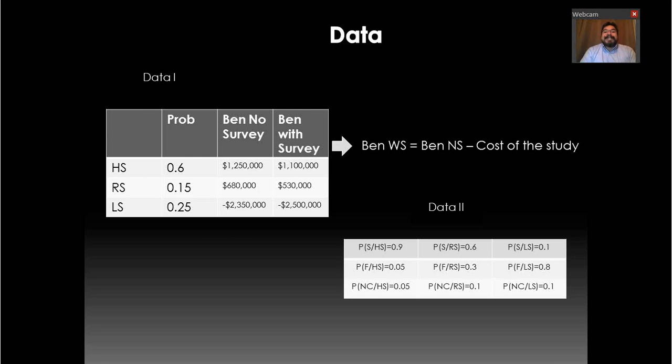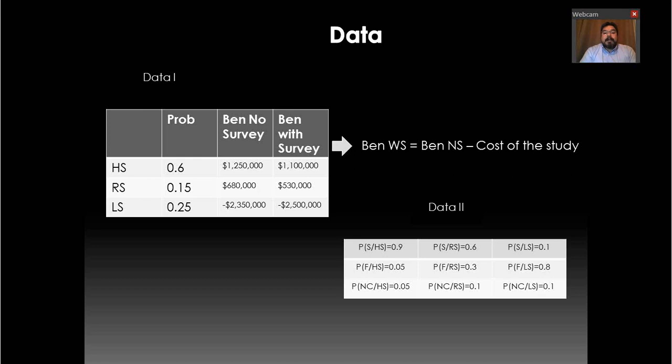And we have a second set of data that are probabilities. According to Bayes' theorem, we have probabilities of success due to high sales, of success due to regular sales, and success due to low sales.